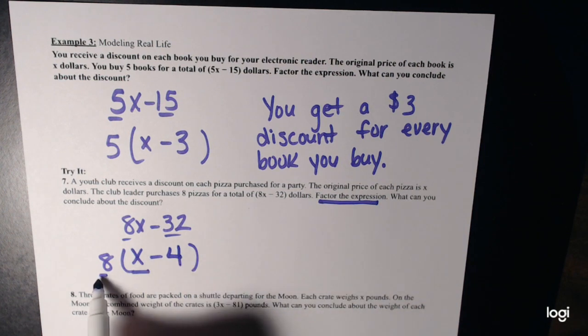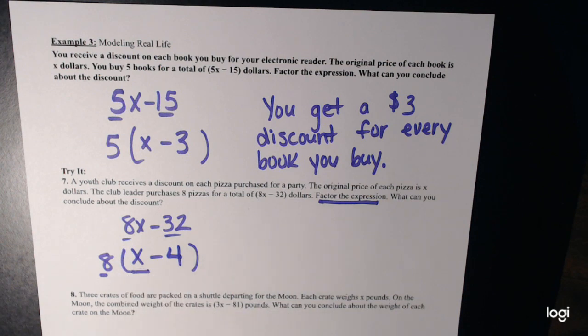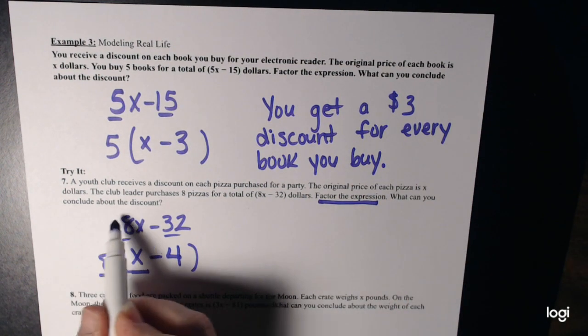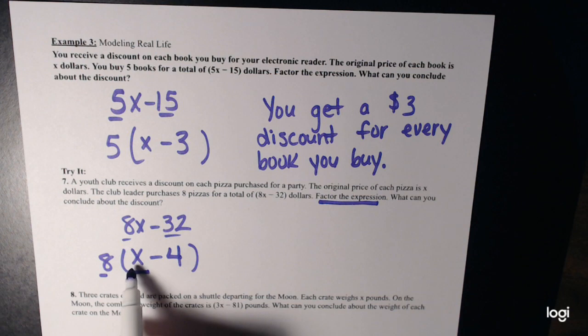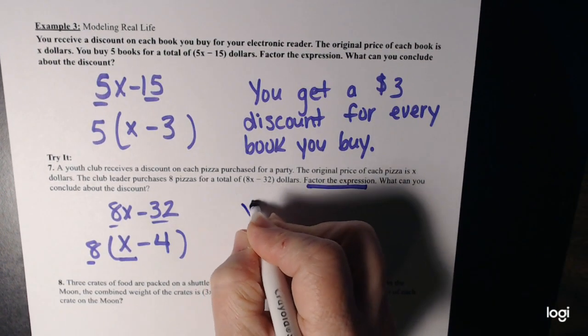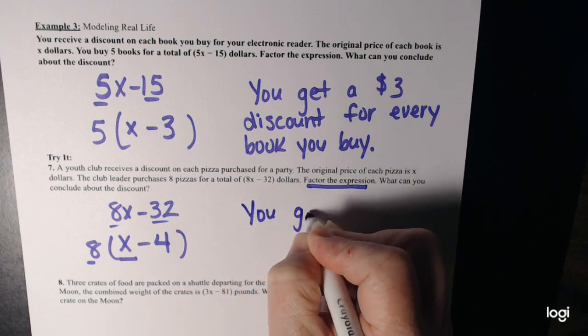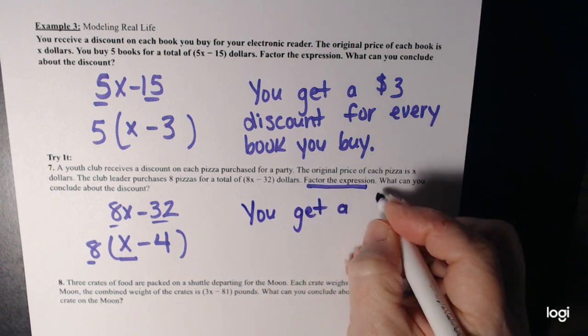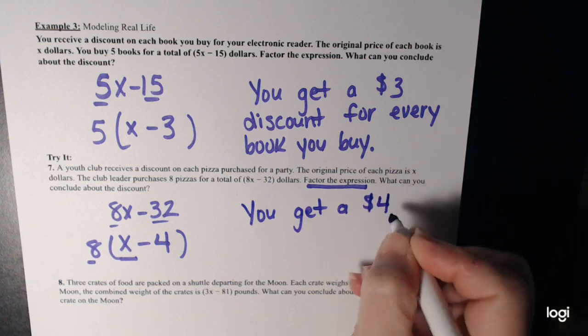So my factored expression is 8 times the quantity of x minus 4. What can you conclude about the discount? All right, so if x is one pizza and I get minus 4, that means I'm going to get a $4 discount for every pizza I buy. This time we get a $4 discount.